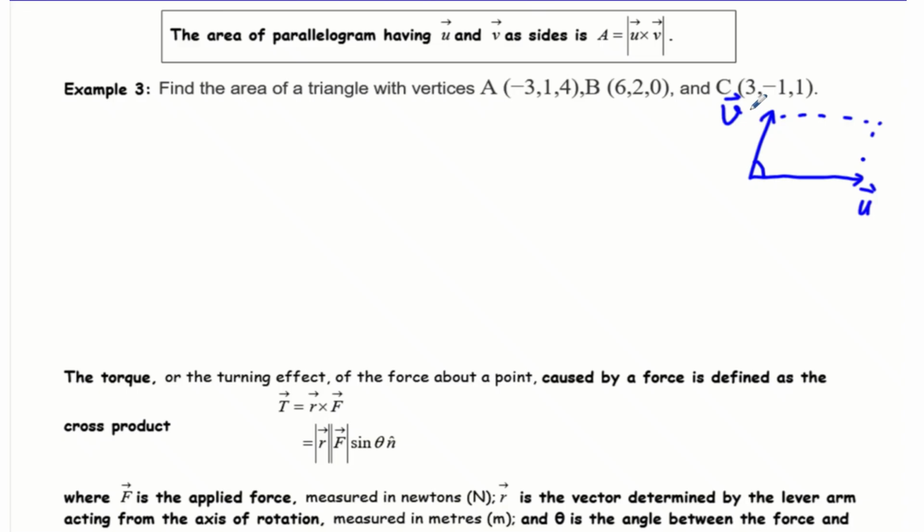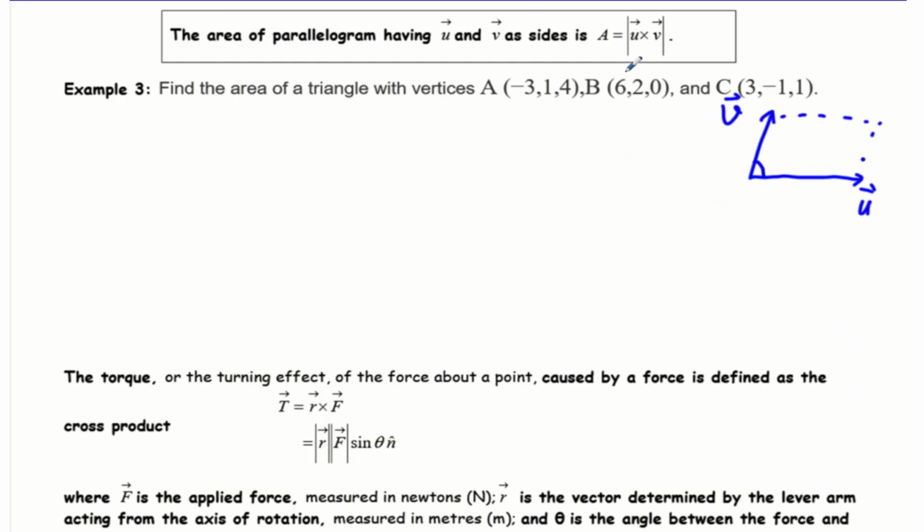It's just the magnitude of u cross v, because we know the cross product gives us a vector. So you put your hand and wrap your fingers from u to v. Your thumb direction is the direction of the cross product.